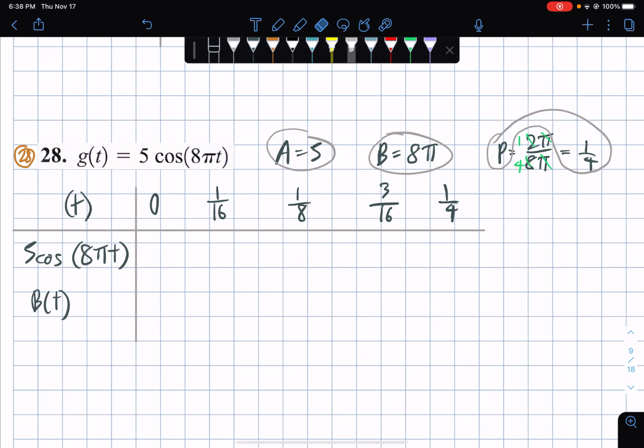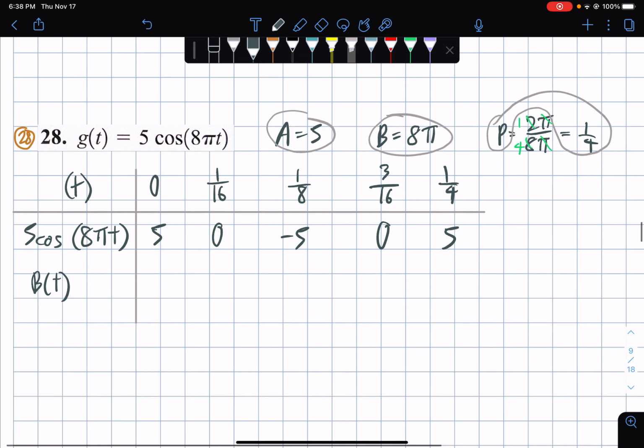Now that we know the t variables, let's multiply them with 5 cosine 8 pi. Here goes 5, 0, negative 5, 0, positive 5. And right now, we divide t, basically t over b. bt is t over b.